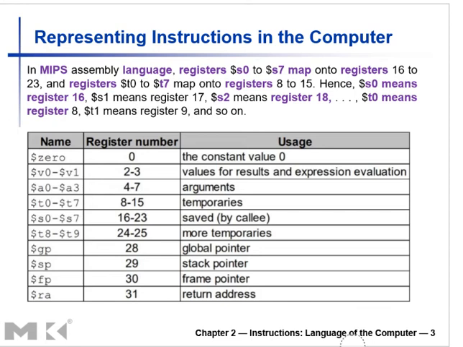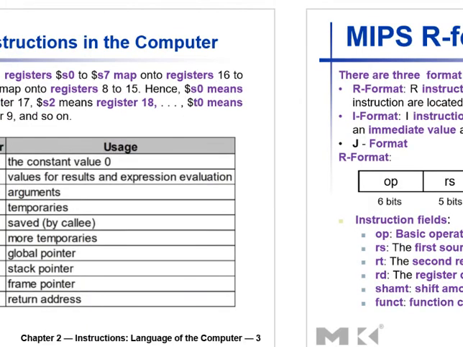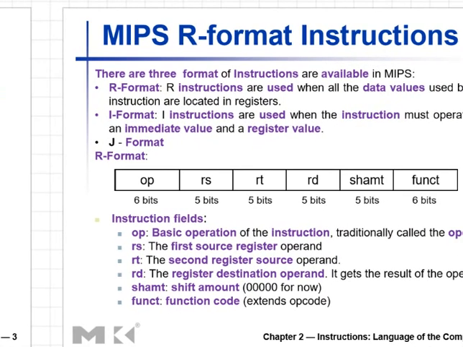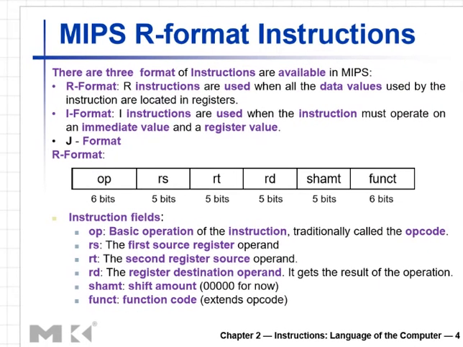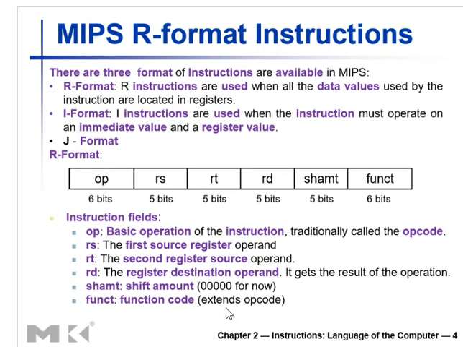Now let's see the instruction formats. In MIPS assembly language programming, there are three types of instruction format. You may see from here: R type, I type, J type. R instructions are used when all the data values are going to be mentioned in registers.